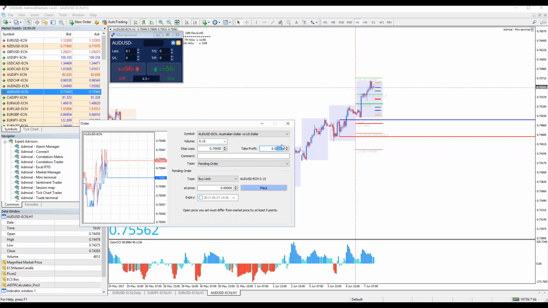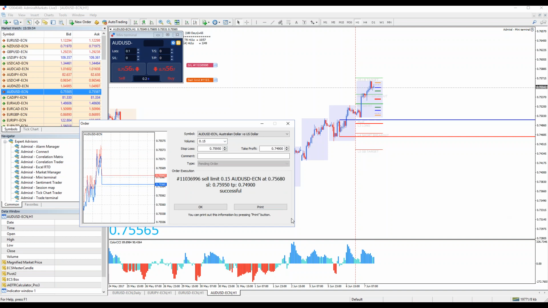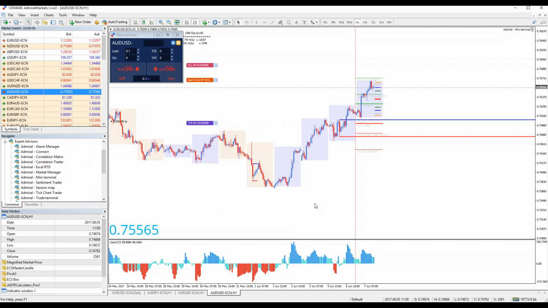Take profit could be final 74.90. It's a sell limit order at price 0.7568. So it's 10 pips. Yeah, it's very clear, this trade.